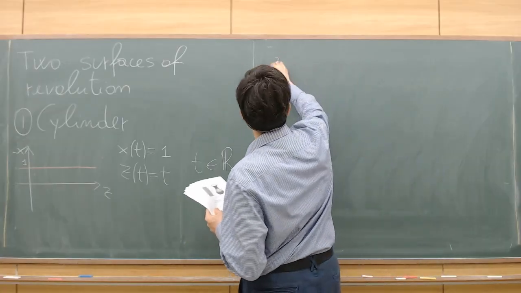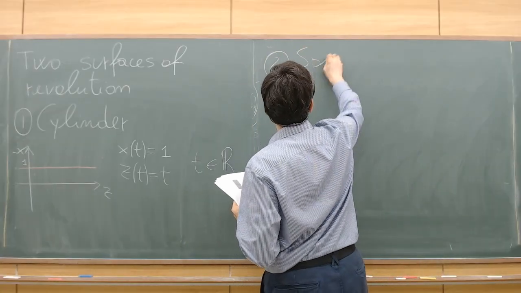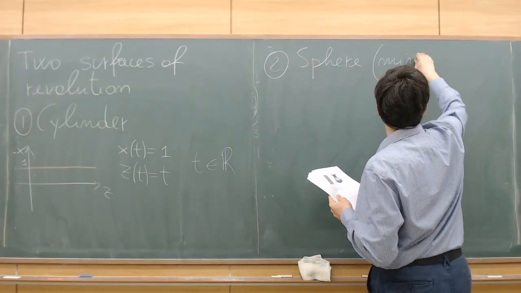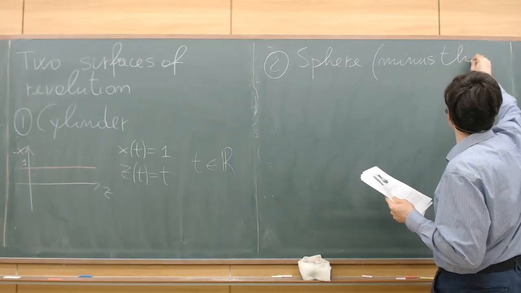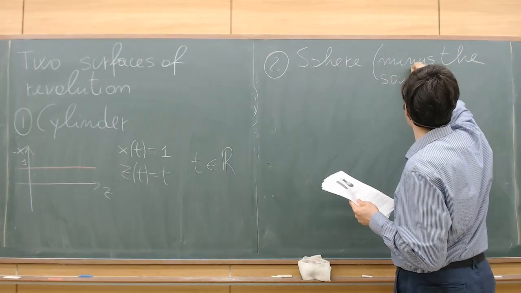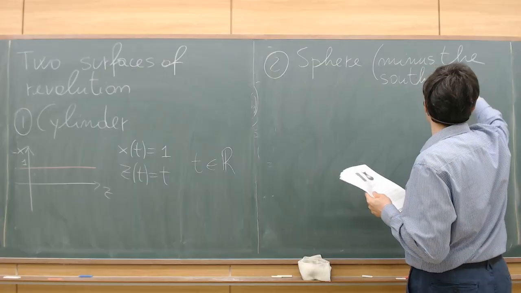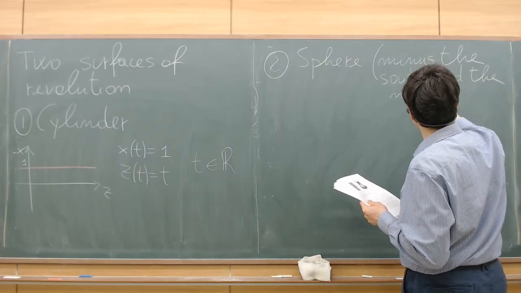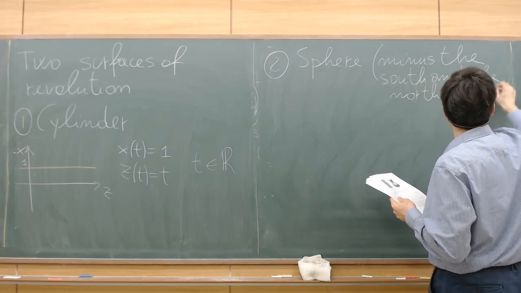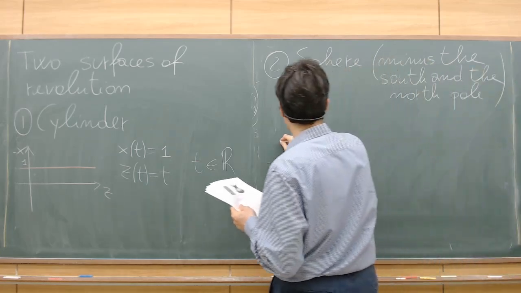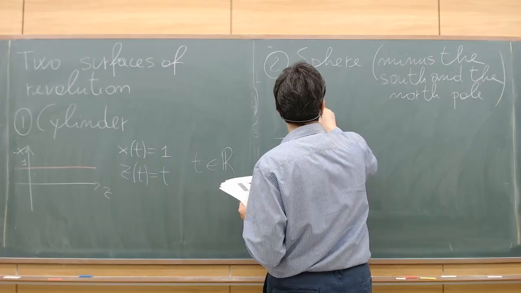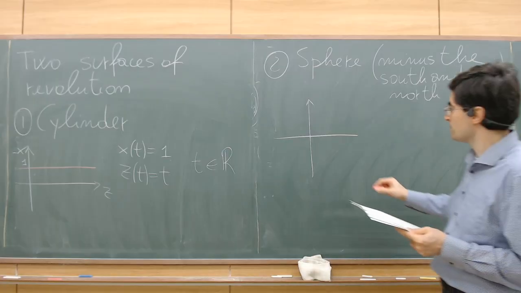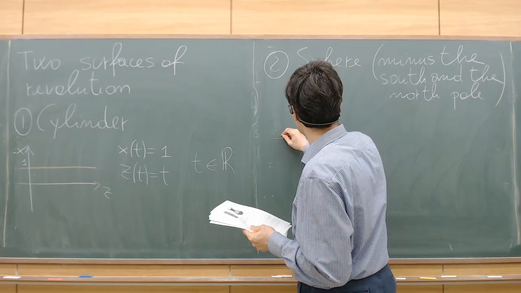And the second one is the sphere. More precisely, the sphere minus the south and the North Pole. So in this case, you can get the sphere minus these two points by rotating this curve.